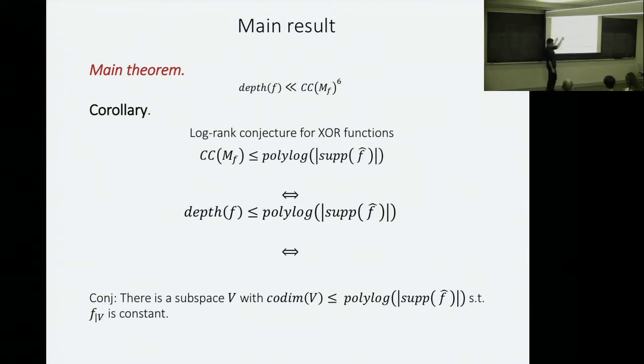And by the previous slide, where I explained that it's enough to find just one subspace, this Lagrange conjecture will be equivalent to the following. Can you find just one subspace of polylogarithmic codimension in the number of non-zero Fourier coefficients that your function is constant on?